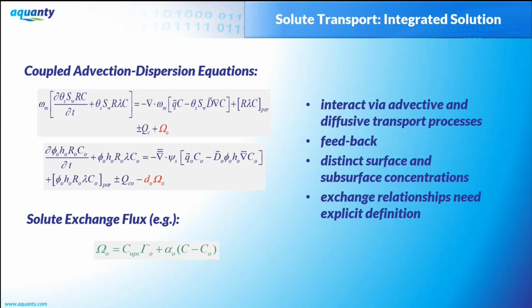And like the water exchange, we have a solute exchange flux. The first term on the right-hand side of that equation is simply the advective transfer of solutes between the two domains. C ups is an upstream concentration. Gamma naught, if you recall, is the water exchange. And then there is a first-order representation of the diffusive transfer of solutes between the surface and subsurface domains. Again, these equations are solved simultaneously in both the surface and the subsurface at each time step. Next slide.